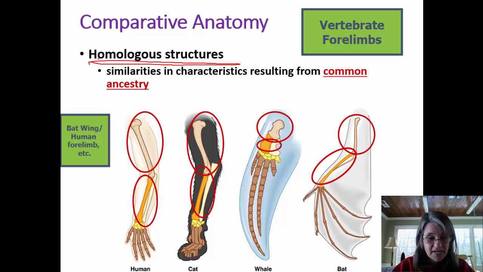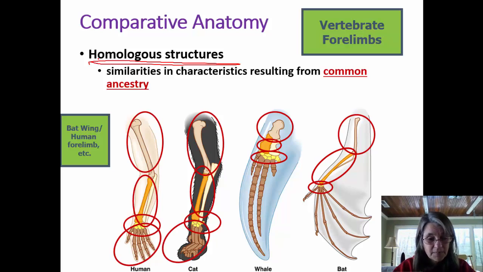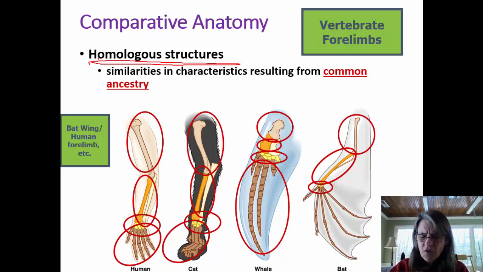The carpals of the wrist are all present, and perhaps most interestingly, fingers, phalanges, are present in humans, but also in cats, in whales. Why would there be phalanges, fingers, in a whale flipper?